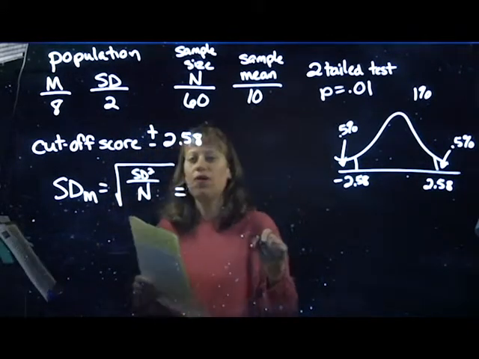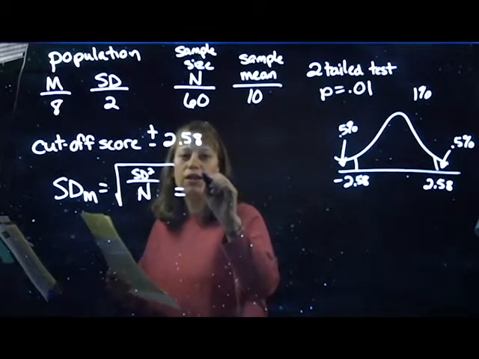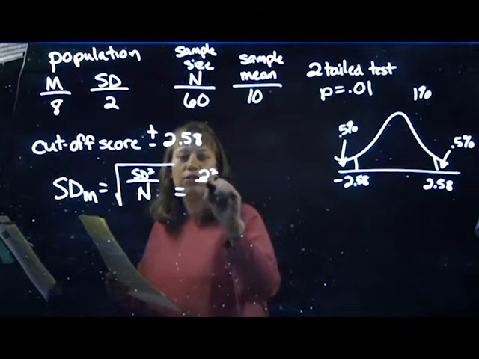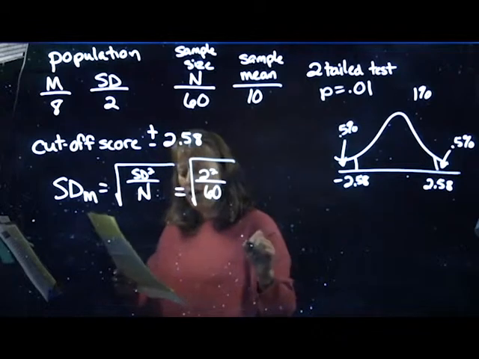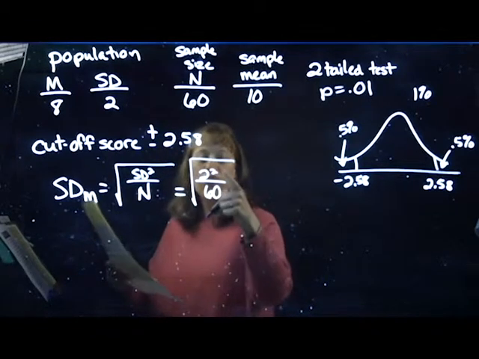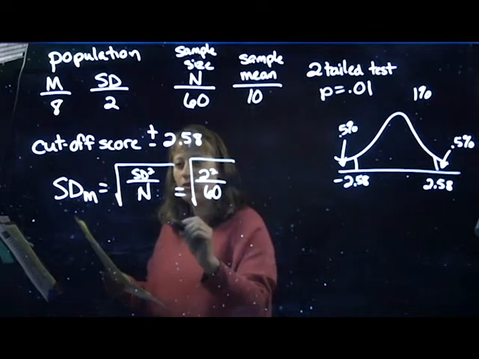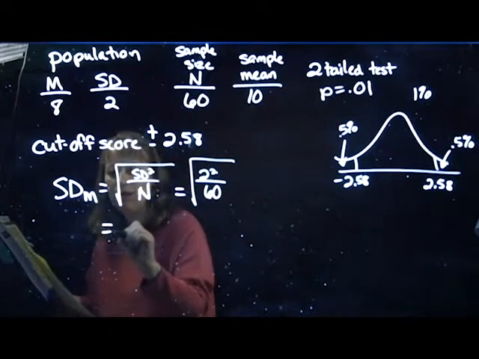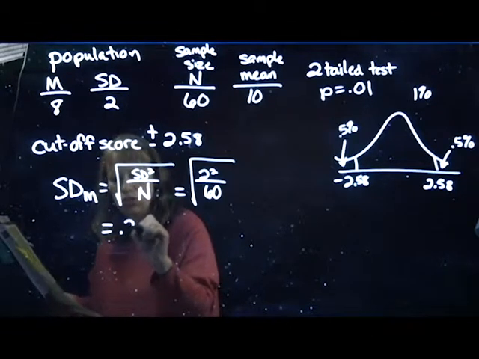So we take our standard deviation and square it to get the variance, divided by our n of 60, and take the square root of all of that. So 4 divided by 60, and you take the square root, that gives us an SDM of 0.2582.